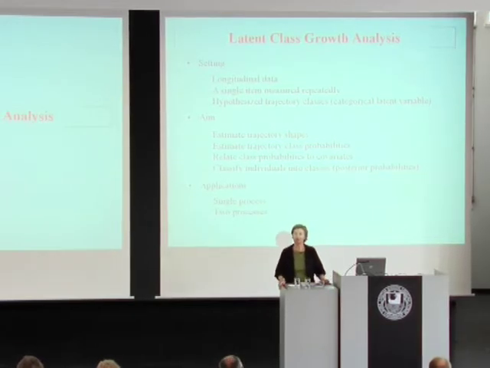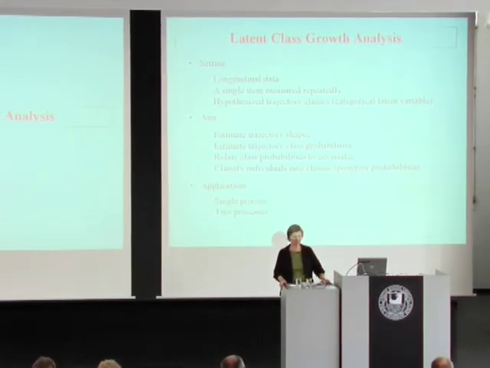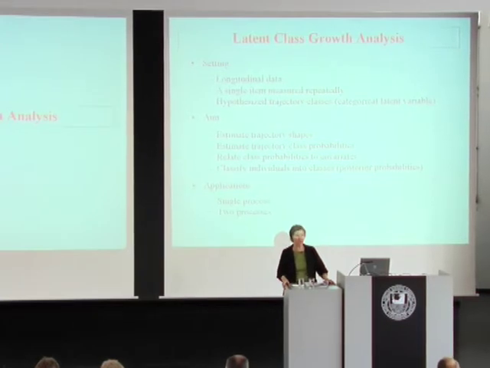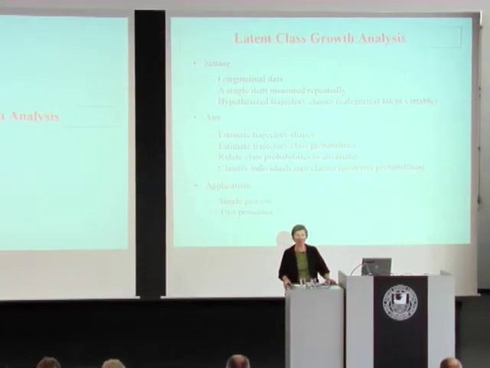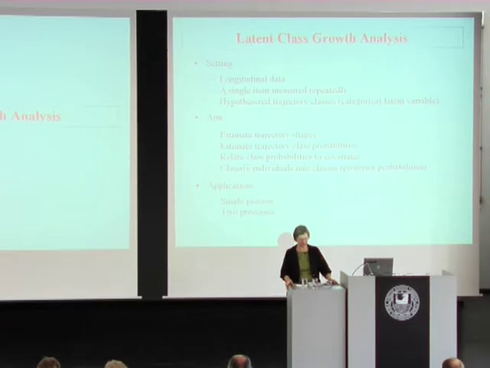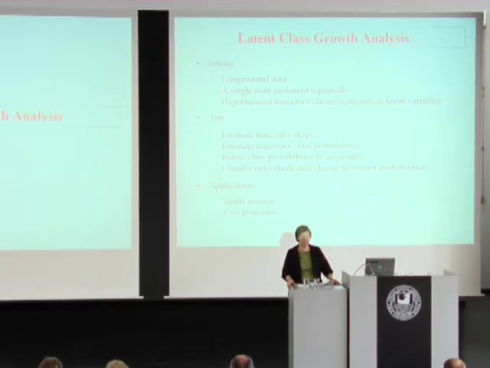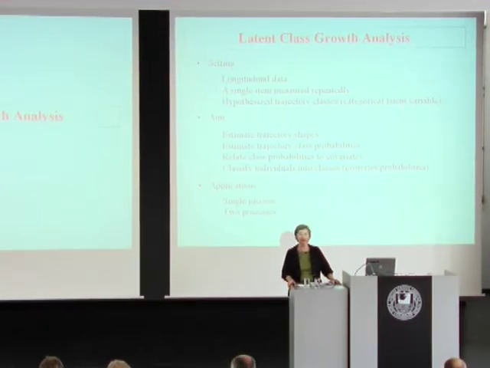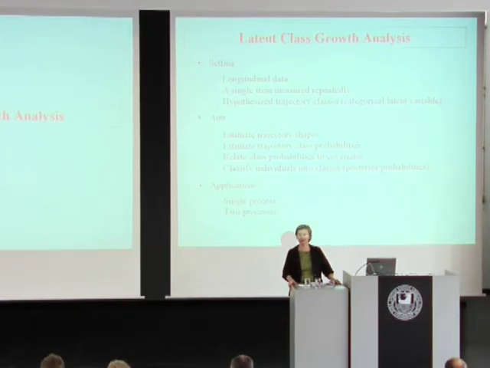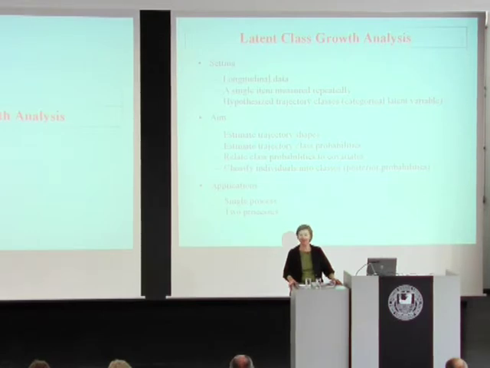So this is a longitudinal model where we have a single item that's measured repeatedly, as you can see on the screen. And we hypothesize that there are different trajectory classes, that not all individuals develop on the outcome that we've repeatedly measured in the same way.